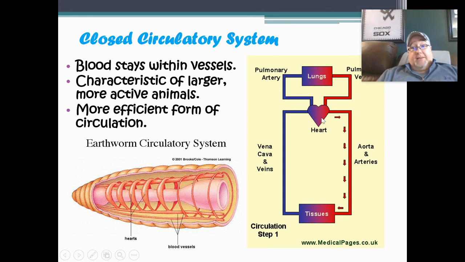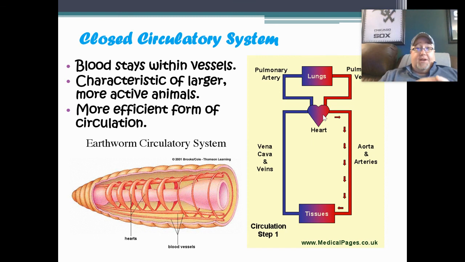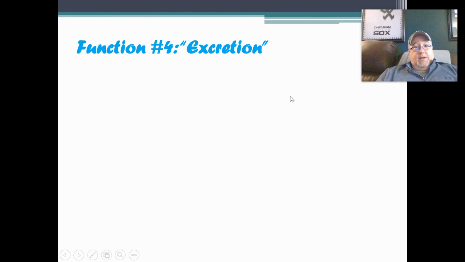The blood that leaves the heart, this picture on the right is really good, will travel out to the rest of the body, let's say your kidneys or your liver, and that blood will drop off all the nutrients, but the blood itself doesn't ever leave the vessels. Then the blood just travels back up to the heart. So in a closed system, the blood never leaves the blood vessels. It's only the nutrients in the blood that leave the vessels. Hopefully that makes some sense to you.